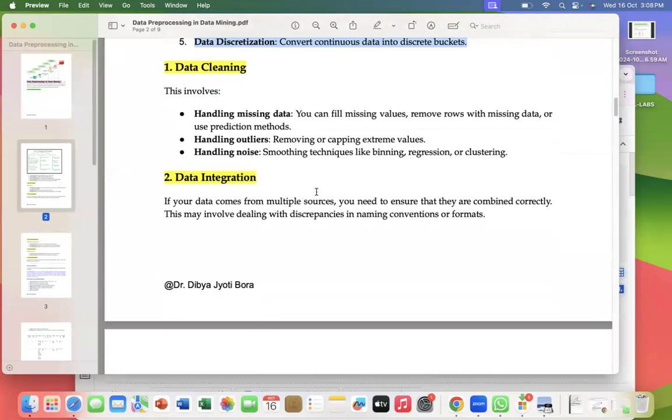Now, in the case of data cleansing, I told you that some values may be missing. Suppose you have one attribute or one column, say age. Some people don't want to show their ages, so they will leave it blank if it is not mandatory. Are you getting it now?